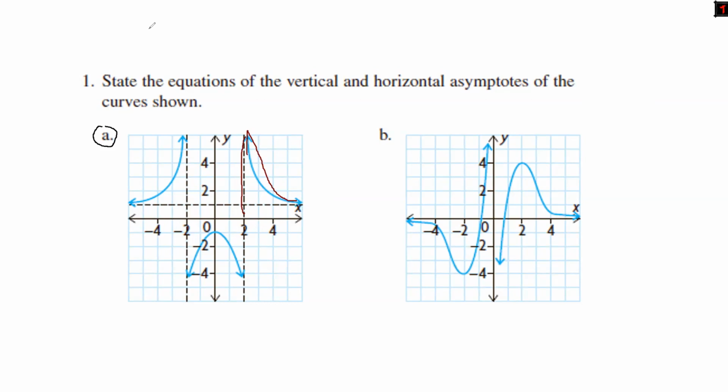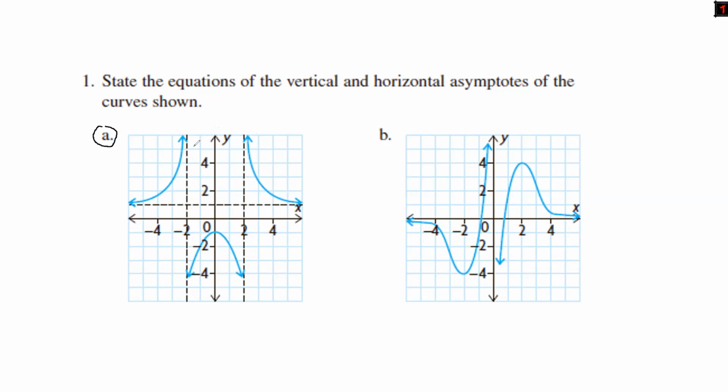He means with the equation, like x or y equals. So basically we were asked to state the equation of these asymptotes, and you defined those asymptotes absolutely right, like how the function behaves around those points.